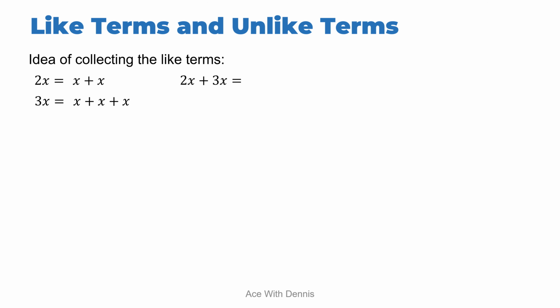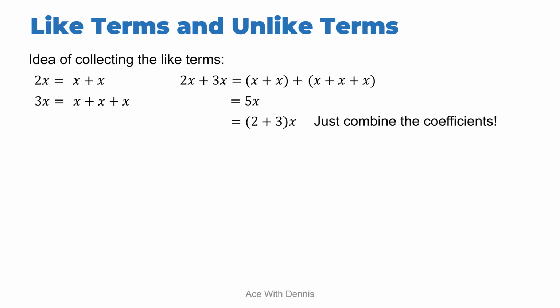Hence, if we add 2x with 3x, it means x plus x plus x plus x plus x. And over here, we have 5 x's, which means 5x. 5x also means bracket 2 plus 3, x. So, from here, we just combine the coefficients.